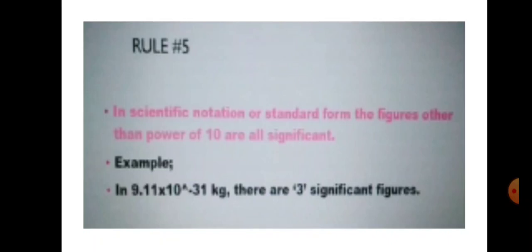In this example, 9.11 times 10 raised to power minus 31 kilogram, the 9.11 is significant and all the other values are not, because 9.11 is the mantissa, so it is always significant. So it has 3 significant figures.